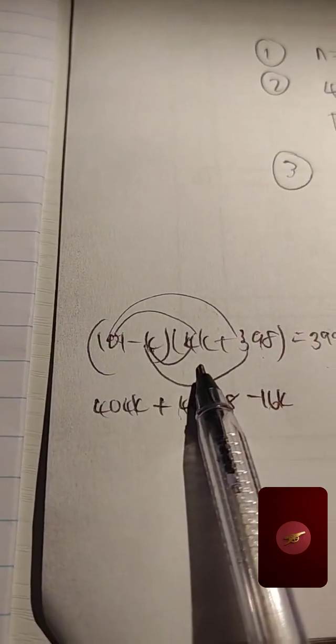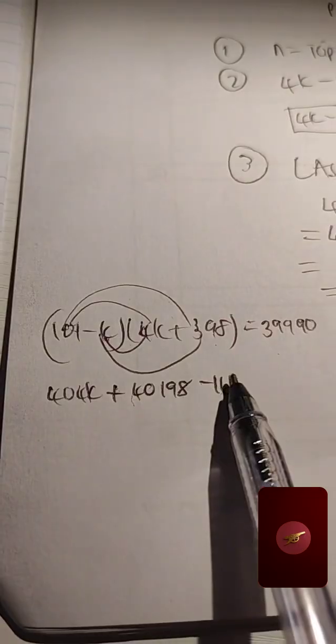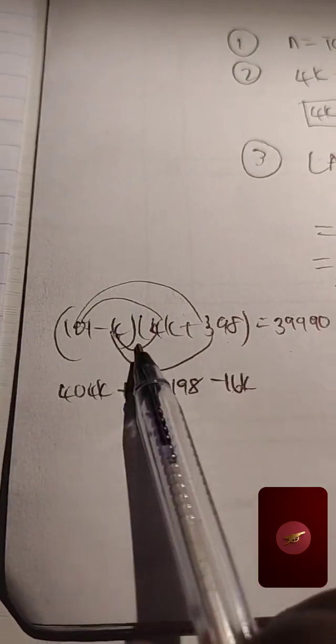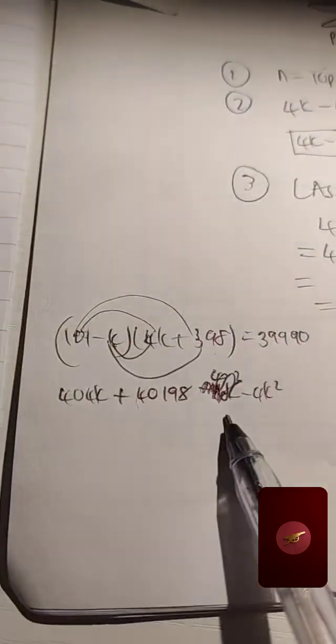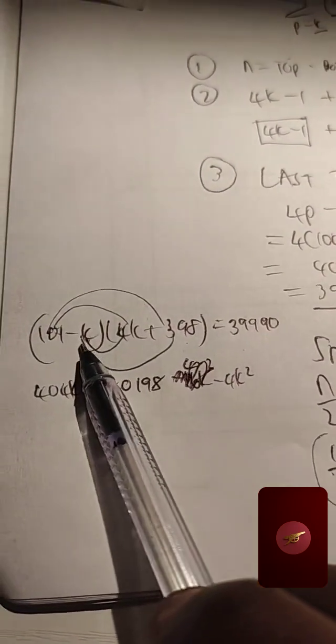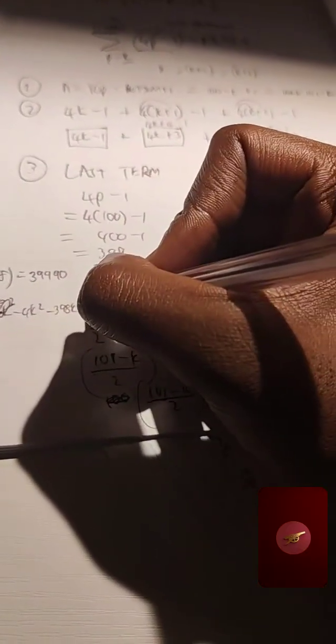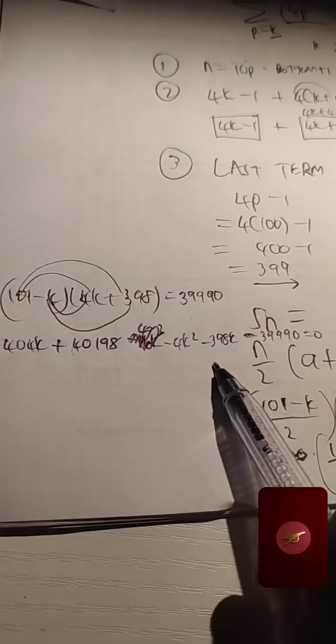And then you say equal. You transpose 39,990, so minus 39,990 on the left hand side.